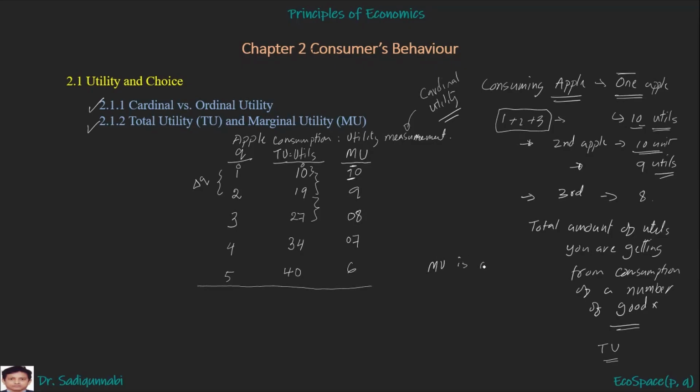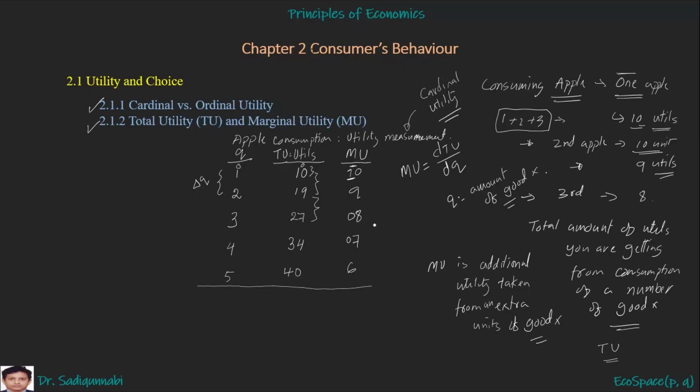MU is additional utility taken from n extra units of good X. So if we think about the mathematical sense, marginal utility is del total utility, del good X, or del Q. Okay, so Q is the amount of good X. So the mathematical definition is the first derivative of total utility is called marginal utility.